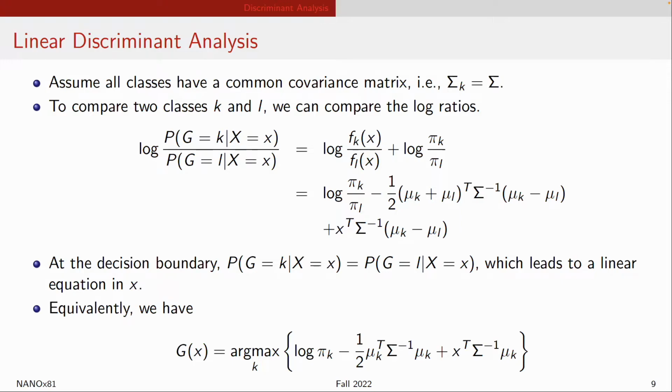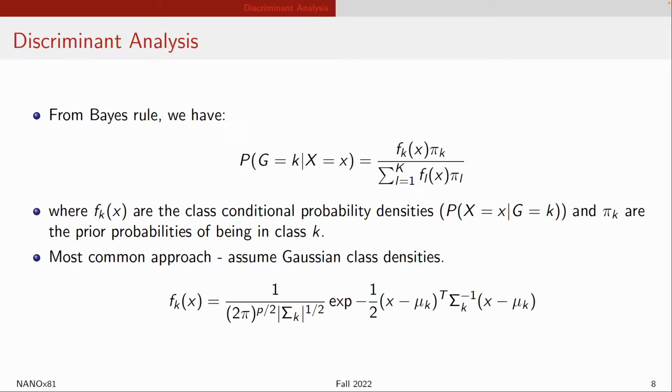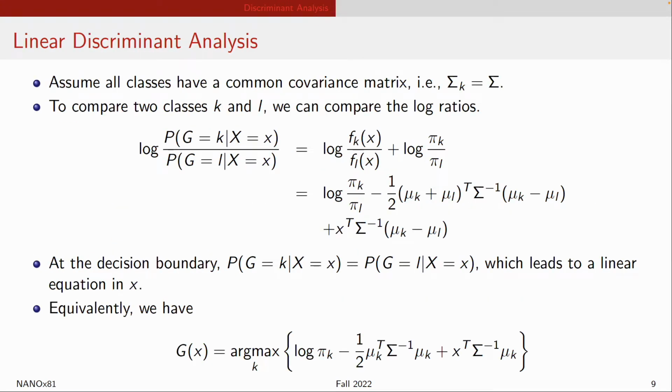Now, you plug in your formulas for your posterior probabilities. In other words, just this function over here, you plug it in. The denominator is the same, they cancel out. So basically all you have is just your f_k(x) and your pi_k, okay? And you split up the logs, and then you have this function over here, right?